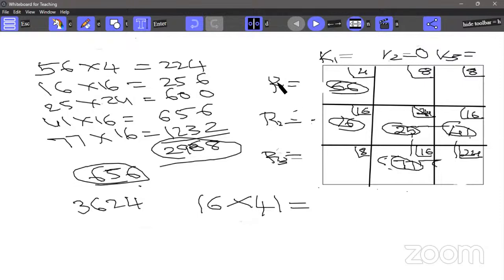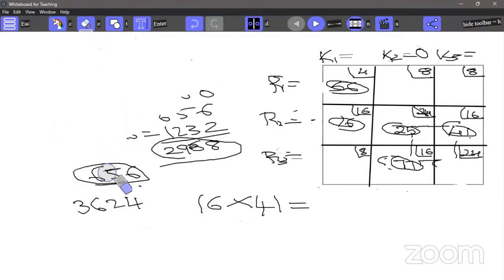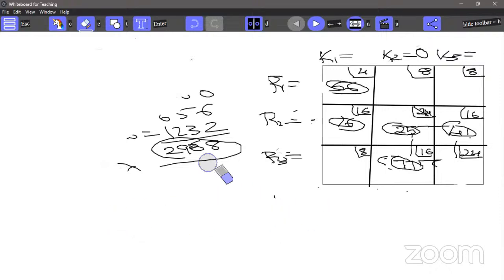Now tell me, can't I make use of 25? How much is R2? R2 plus K2 should be 24. How much is K2? R2 is how much? 24. Okay. So please write down R2 is 24.